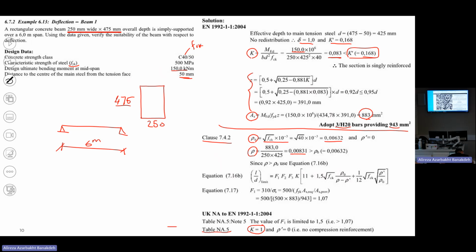On the Moodle, you can find National Annex, you can find Eurocode, you can find everything. I've put everything there for you. So, this is the formula we need to use, right? We have everything but F1, F2, F3.